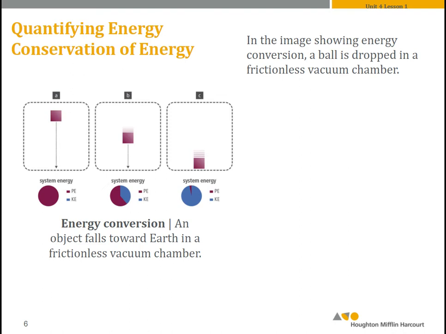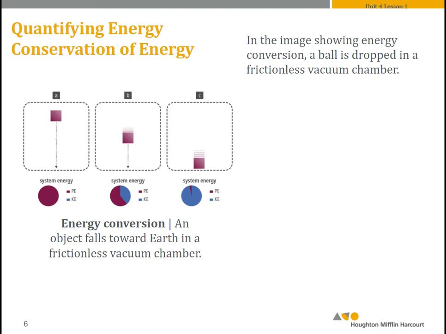A vacuum chamber is a container in which all of the air has been pumped out, or virtually almost all of the air has been pumped out. So we don't consider air as a factor here. Remember, when there's no air resistance, everything accelerates toward the Earth at 9.8 meters per second squared.